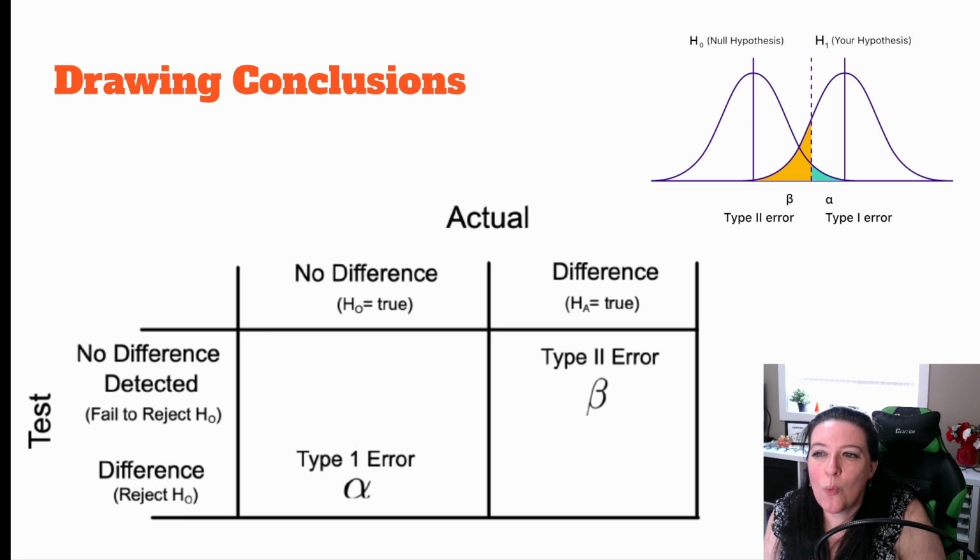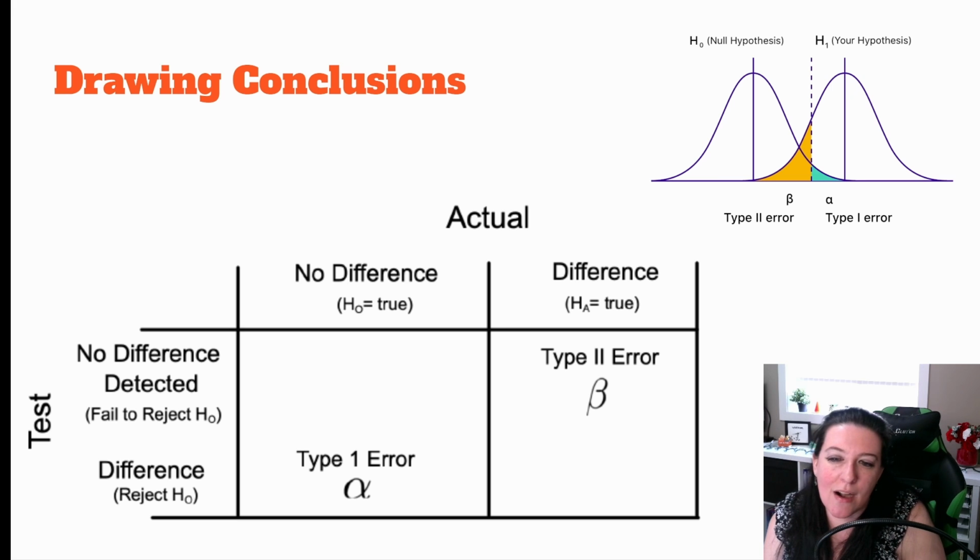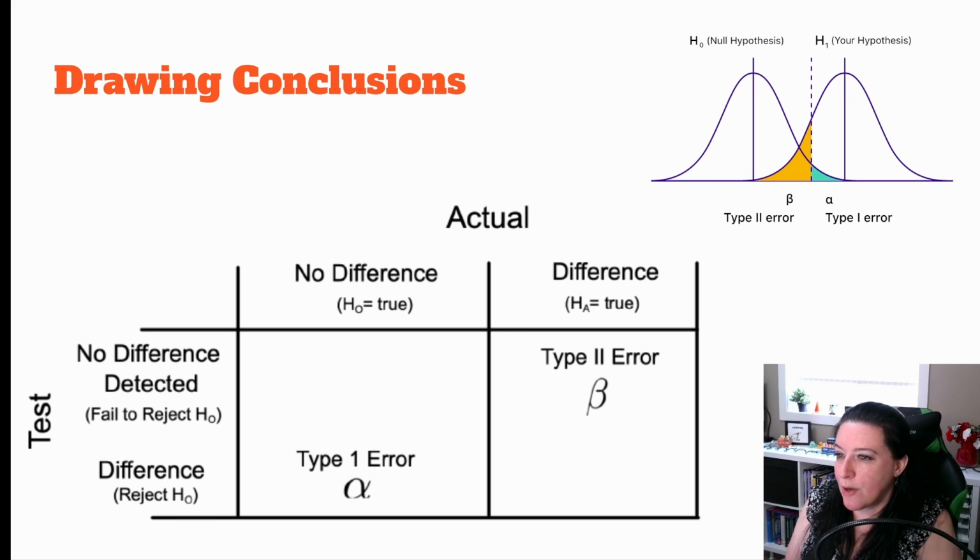And when we look at the other type of error, type 2 error called beta, this is the probability that you detect no difference when there truly is a difference. And so there's a trade-off between this alpha error, type 1 error, and beta, type 2 error. So if you are trying to minimize one, the challenge is that the other one goes up, and that's what this chart here is showing you.